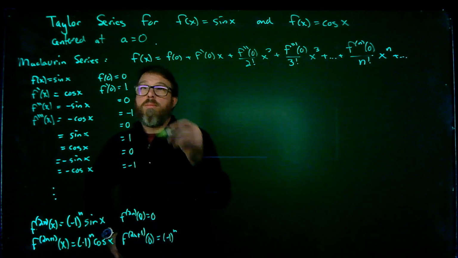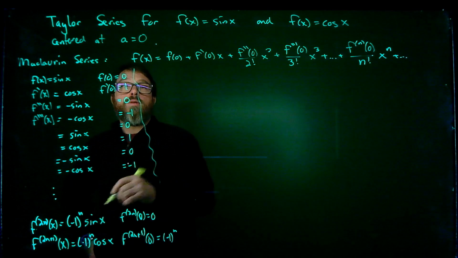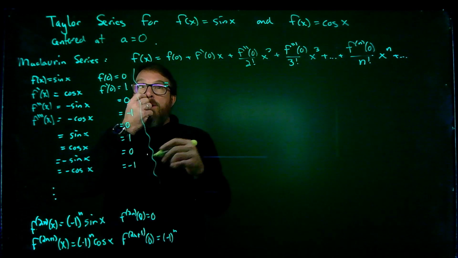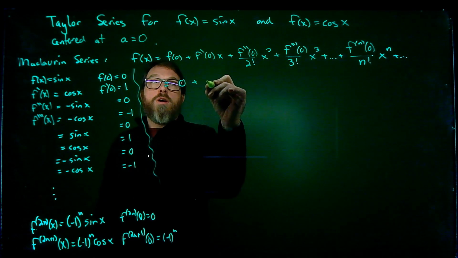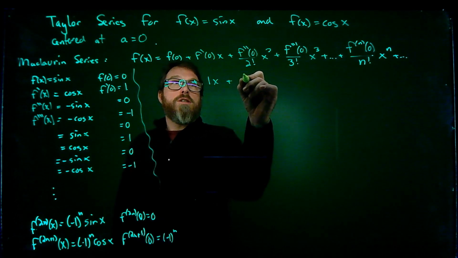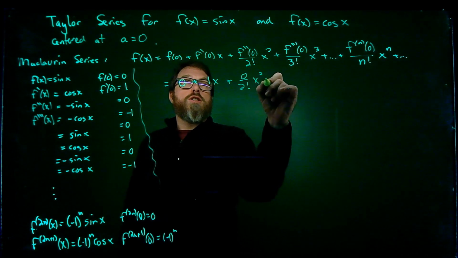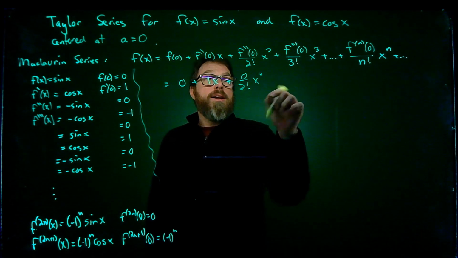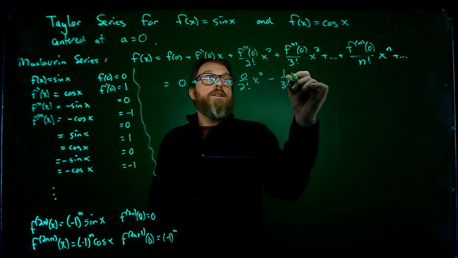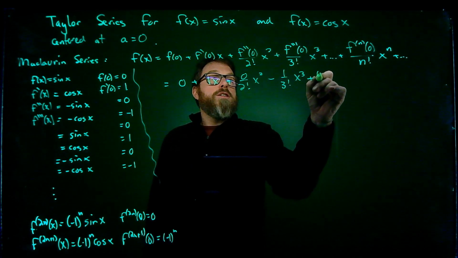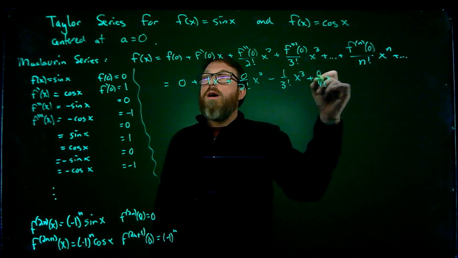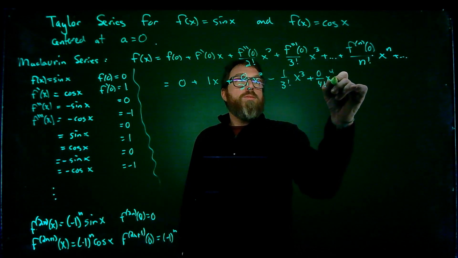So setting this up, what we have for our Maclaurin series is going to be equal to 0 plus 1x plus 0 over 2 factorial x squared plus negative 1 over 3 factorial x cubed plus 0 over 4 factorial x to the 4th plus dot, dot, dot.